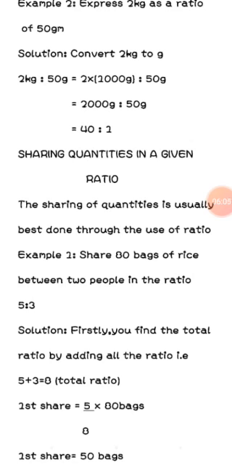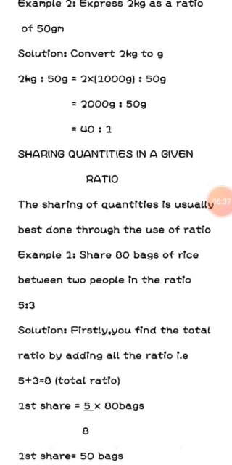Example 2. Express 2 kg as a ratio of 50 gram. You know that kg is kilogram and g is gram. Solution. First thing, the two must be in the same unit. But you can see that in that question, we have kilogram and we have gram. Now, it is either you convert kilogram to gram or gram to kilogram.